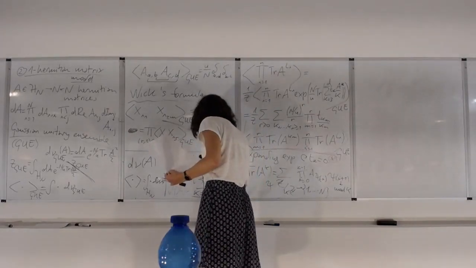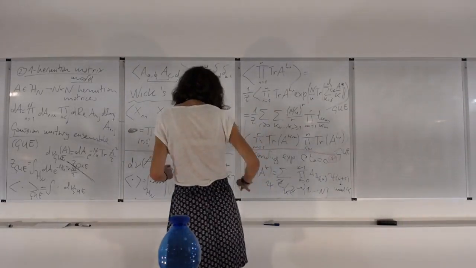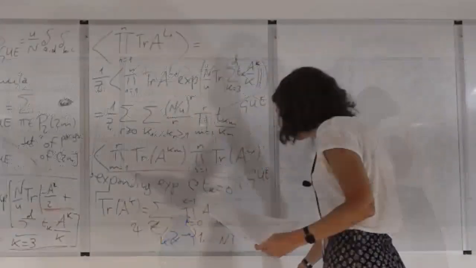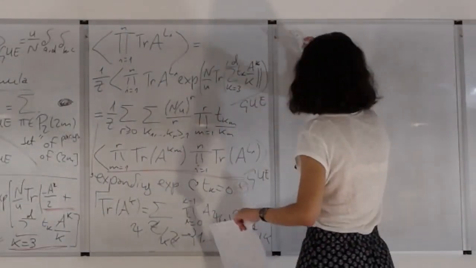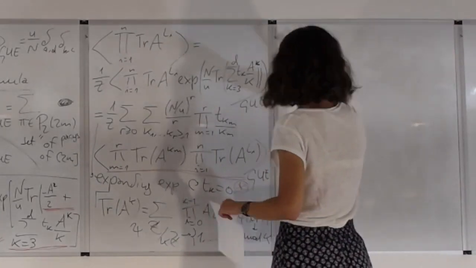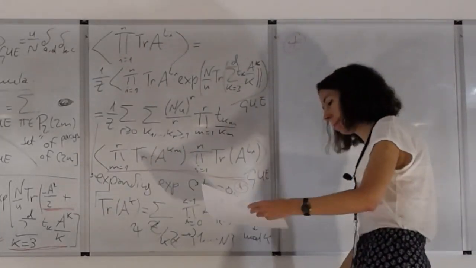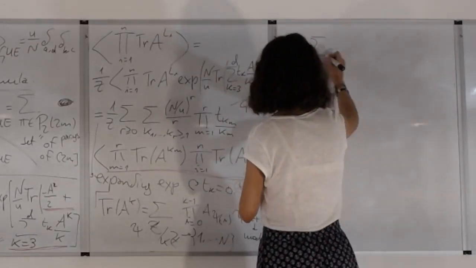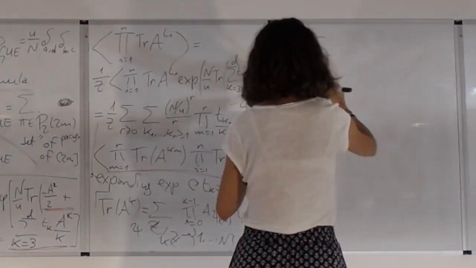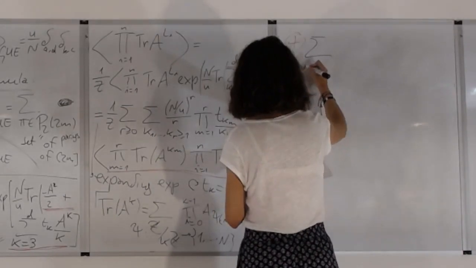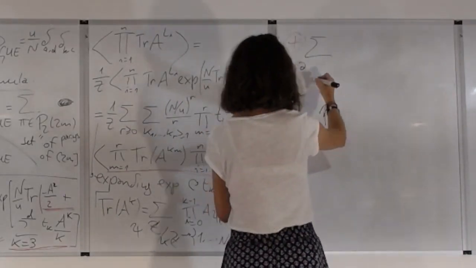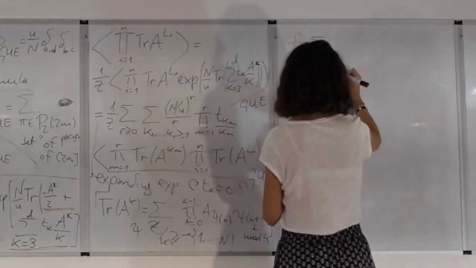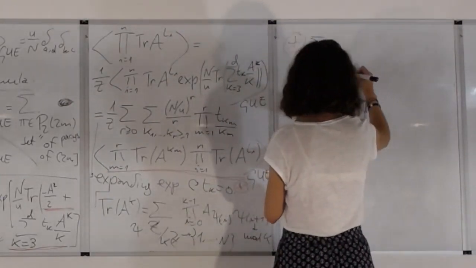So now there will be some mysterious things appearing that will already tell us that this will probably be related to maps. But let me first write them and then justify them.